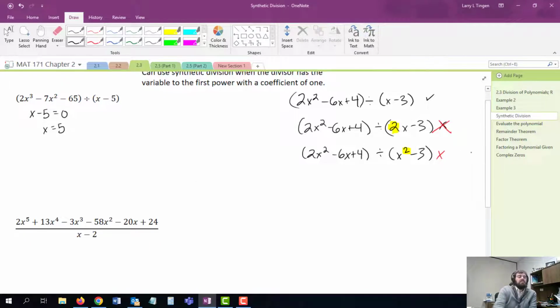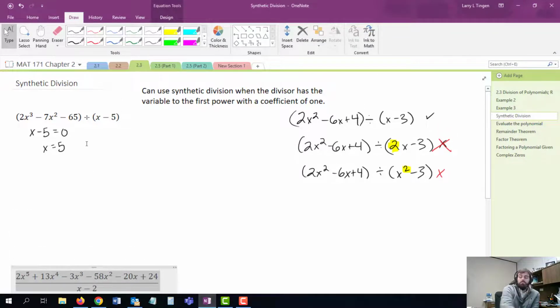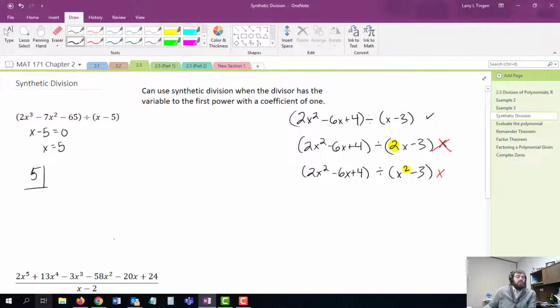Because what am I after here? I want to see how many times x minus 5 goes into 2x cubed minus 7x squared minus 65. So I take that 5, and I'm going to put it in this little half box. And then out beside that, I'm going to put the coefficients of all of the terms.